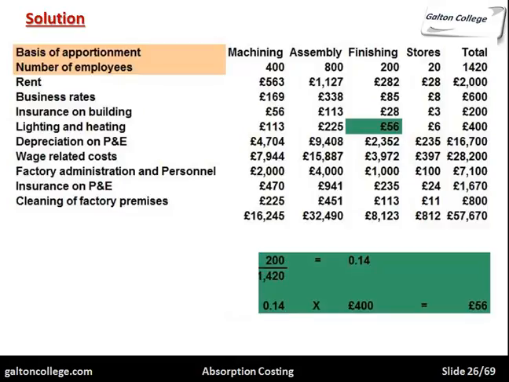So we have 200, and it's 200 divided by 1,420, which is the total number of employees. 200 divided by that is equal to 0.14. 0.14 times 400 is 56. And that's how we get the 56 there. And that's how we have apportioned the costs.